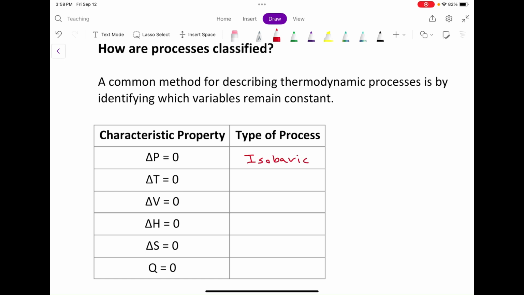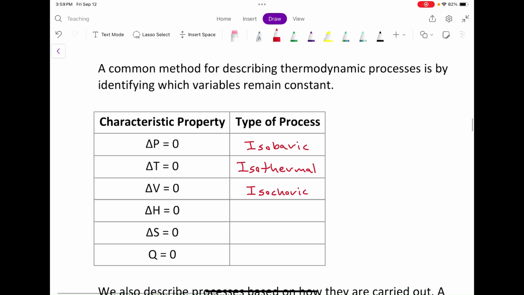For temperature, this would be isothermal. And for volume, this would be isochoric. So that implies you might have a system with a rigid boundary that can't move. So the volume of your system does not change throughout the process, and thus your process is isochoric.